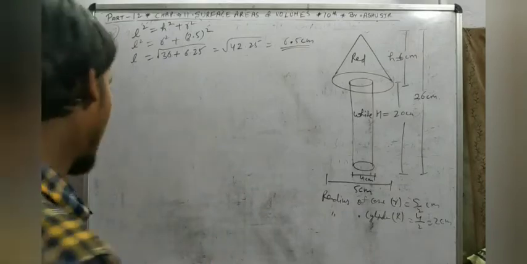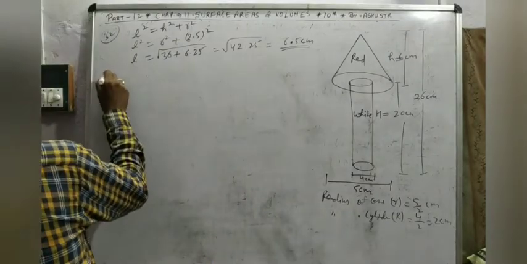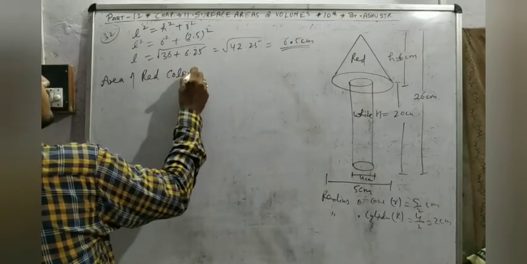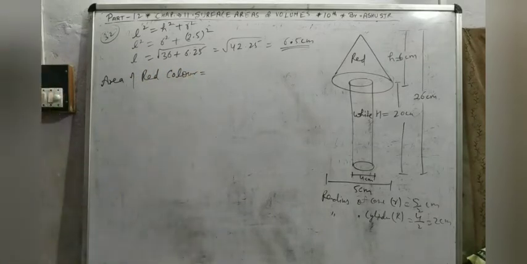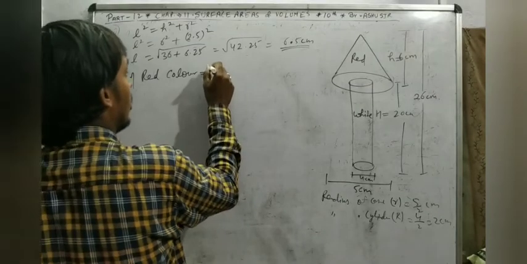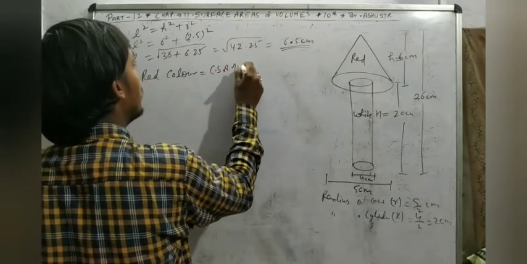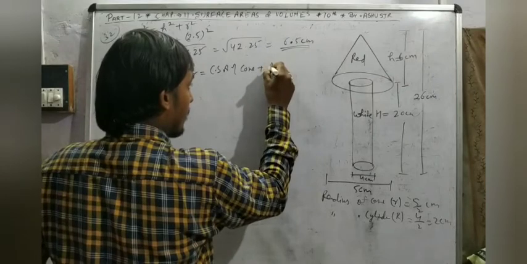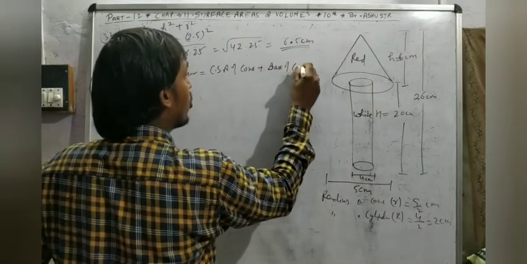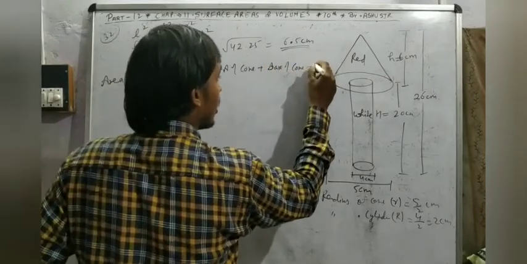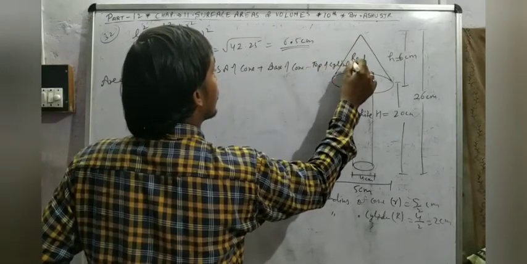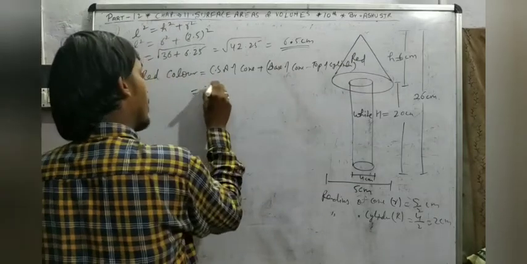Then we have to decide the area of red color. What's the area of red color? If you know the CSA of the cone, good, pi rl.